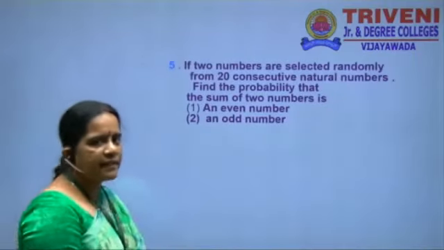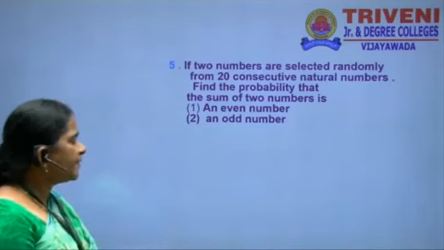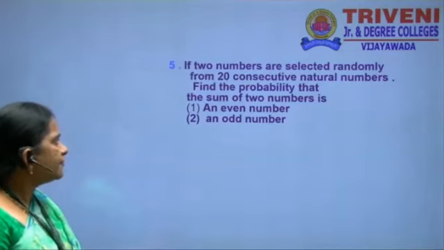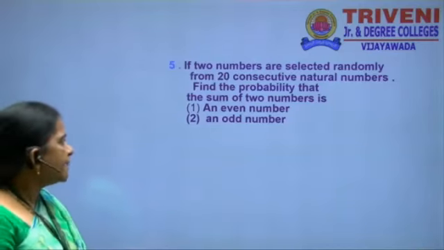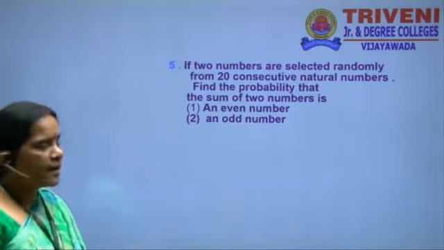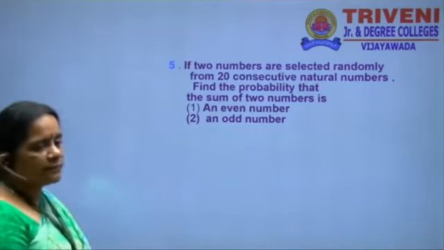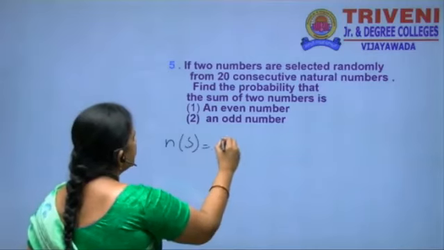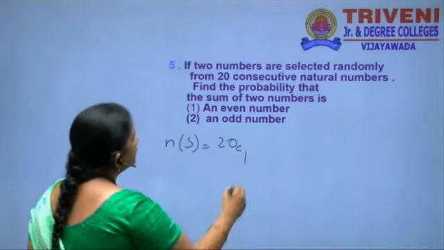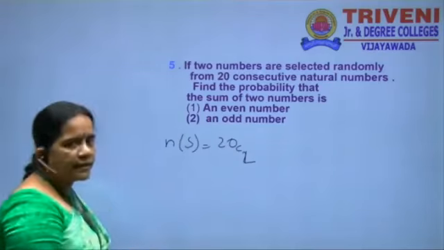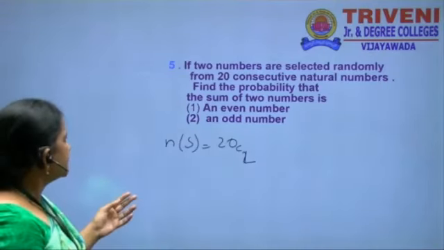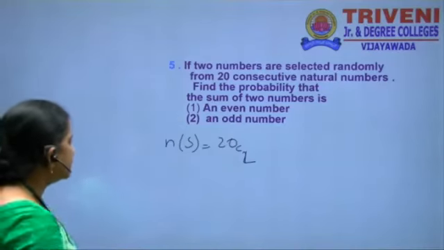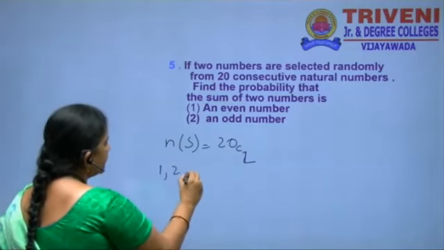If two numbers are selected at random from 20 consecutive natural numbers, find the probability that the sum of the two numbers is an even number, and second, an odd number. Two numbers are selected from 20 consecutive natural numbers, so n(S) = 20C2. First we write the numbers up to 20.